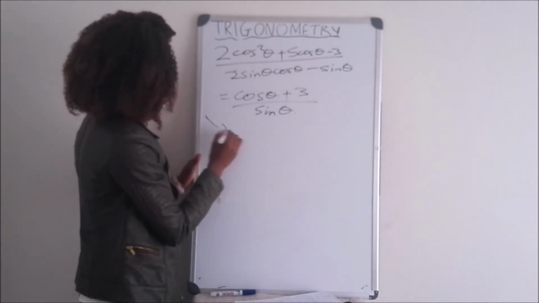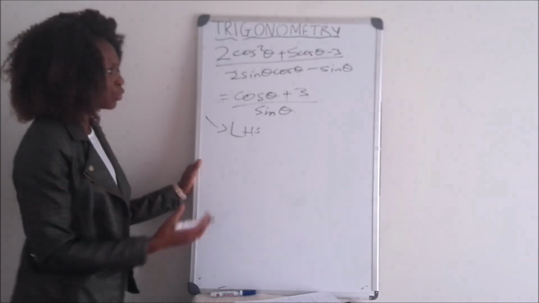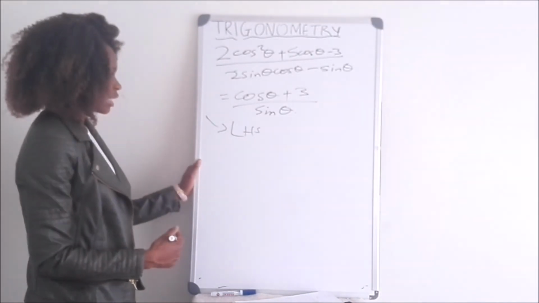Alright, we're taking it from the left hand side. This is the right hand side. It's just that we didn't have space to write on the right hand side of the board.